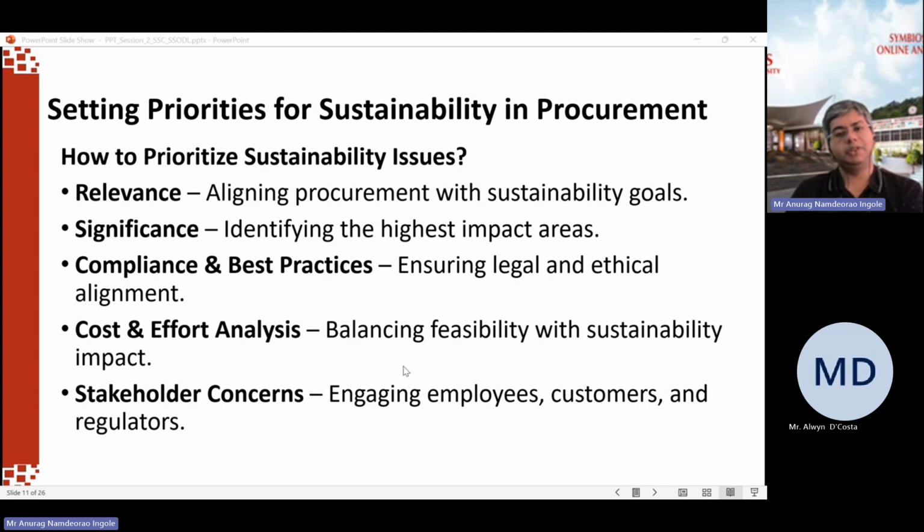Why do we have to align with them? Because there are going to be some initiatives which we have to take up as a procurement function, and those are going to require approval from our management. They are also going to need some kind of budget, some kind of funding. If we want to train our suppliers for any sustainability initiatives, definitely if we are the experts in that, we will conduct it ourselves.